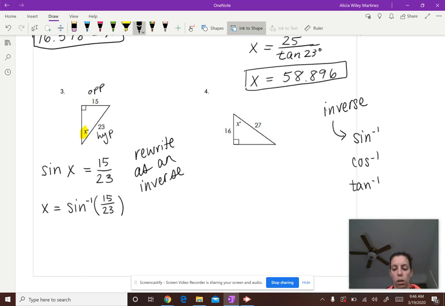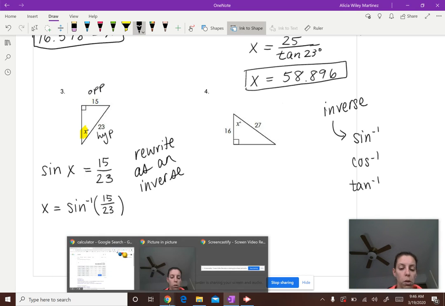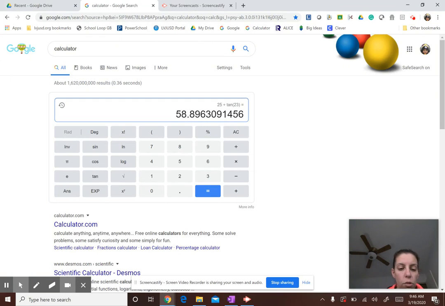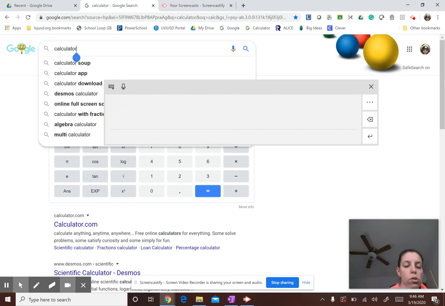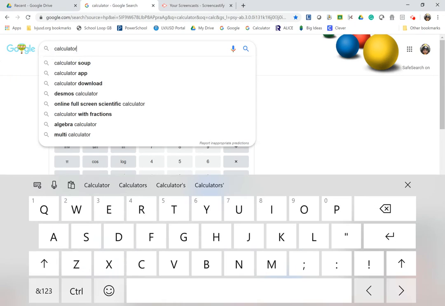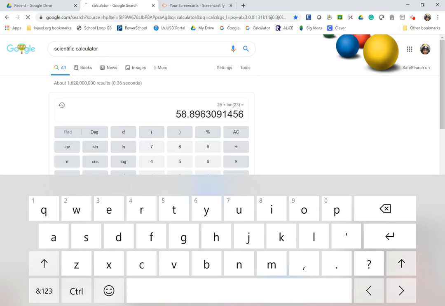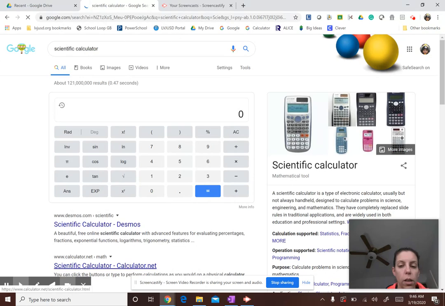All right, so looking at that, let's go to our calculator. You can also do it on here if you want to, or both, and see if you get the same answer. I'm not sure where on here our inverse trig functions are, so I'm going to go old school on my calculator. Maybe we need to switch to scientific calculator. Figuring this out together, guys, right?